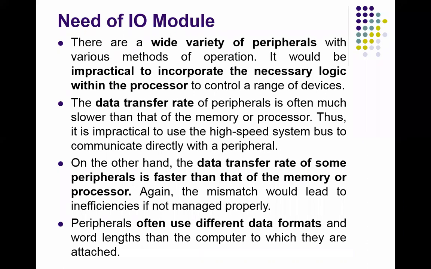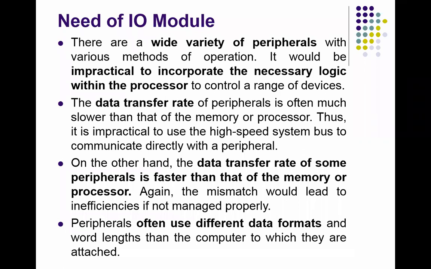Because there are multiple devices, and each of these different devices has a different data transfer rate. If you compare the different devices, if you look at the keyboard, it is much slower than your memory as well as the processor. Because if you are pressing one button and then another button, a third button, it takes too much time. But the memory and the processor work very fast.